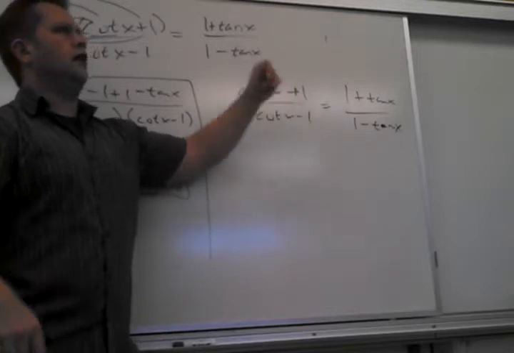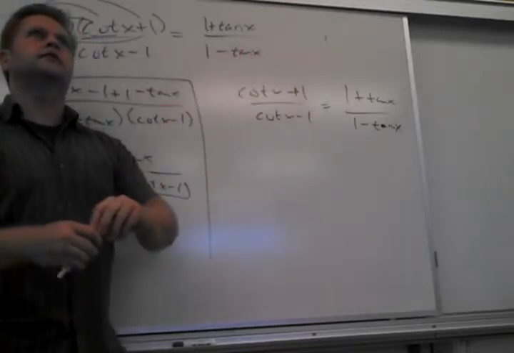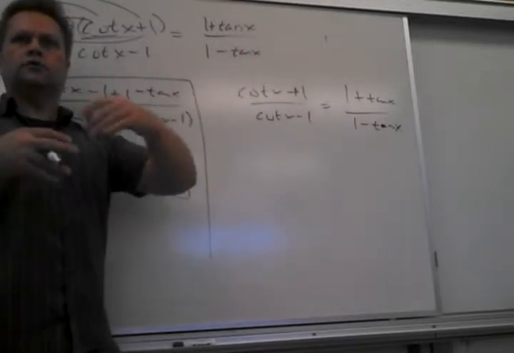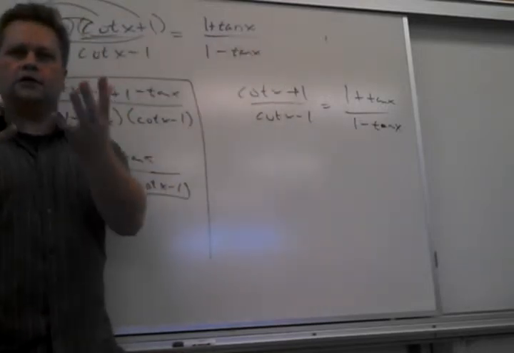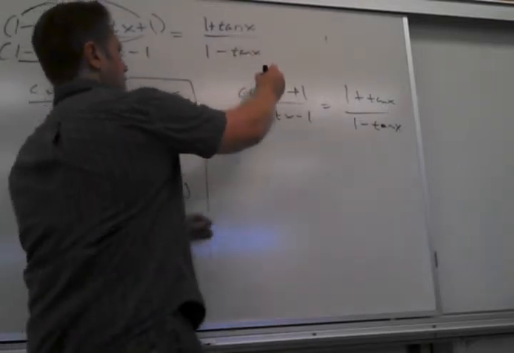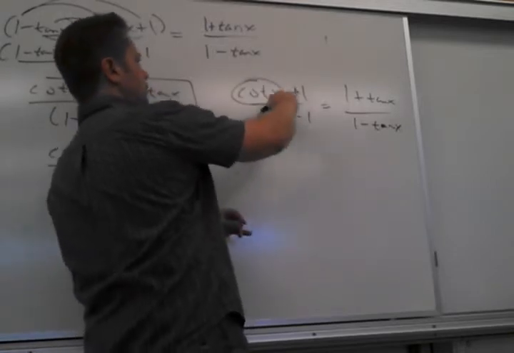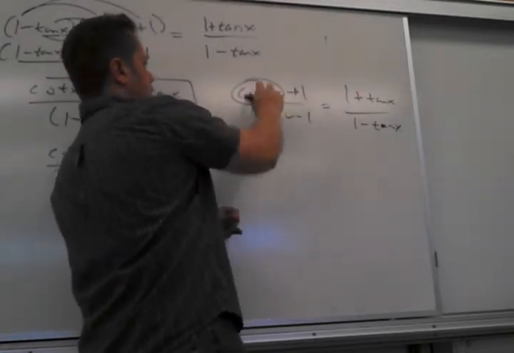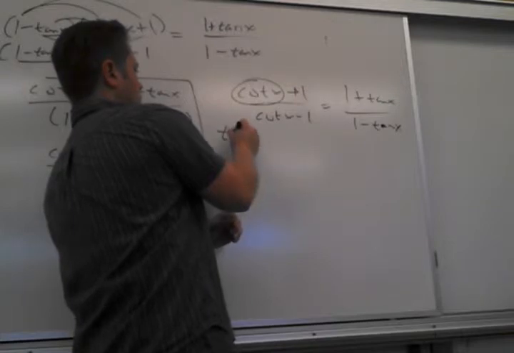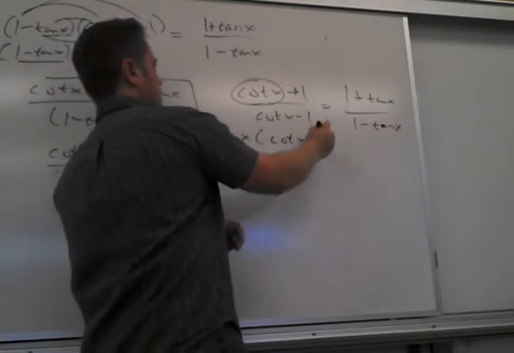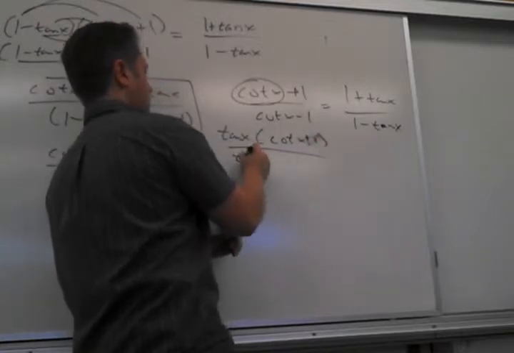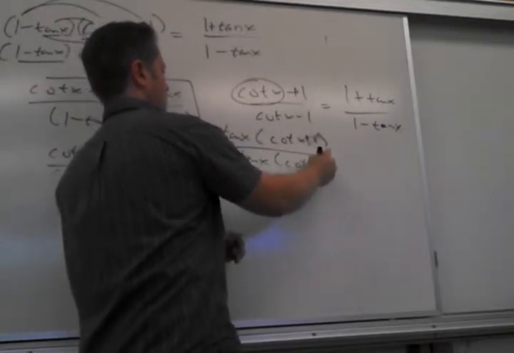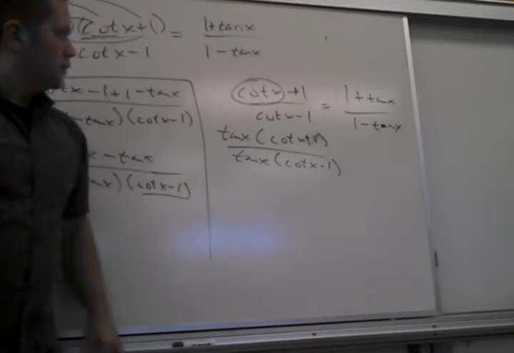This is definitely not a problem that's generalizable. You're not going to see that a certain form tells you to multiply by just tangent or something. But here, it's because of that thing we did earlier where cotangent is the reciprocal of tangent. So if you multiply by tangent, top and bottom, then that becomes that.